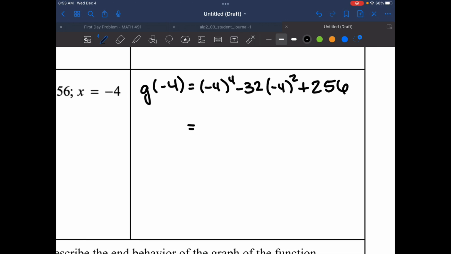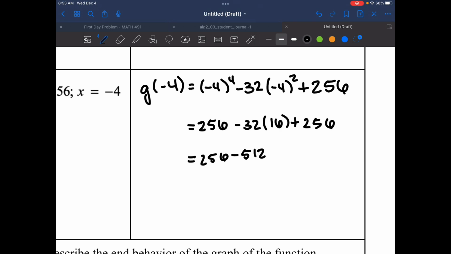So negative 4 to the 4th, that would leave me with 256 minus 32. Negative 4 squared is 16 plus 256. Okay, this is going to be 256 minus 512 plus 256. 256 and 256, those add to be 512 minus 512.